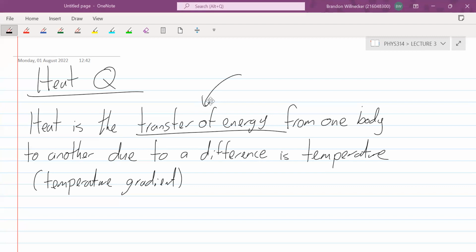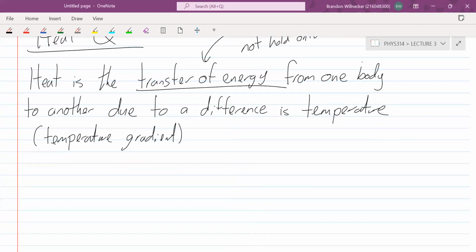You can't have heat. Heat is the transfer of energy. So a note here, an object does not hold onto heat. Okay, so it's not something you have, it's something that is transferred. It's the process of going from one body to another, that's this heat transfer or energy transfer.